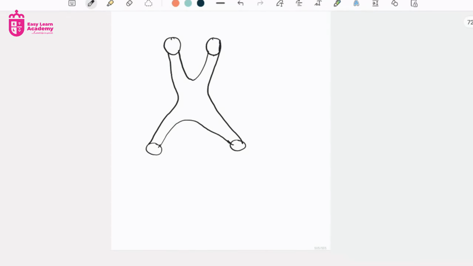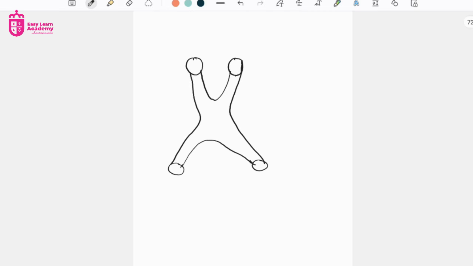So you don't need to draw this in your exam, so this is all for illustration purpose and to make it a bit clearer. I'm just going to change the color to black.